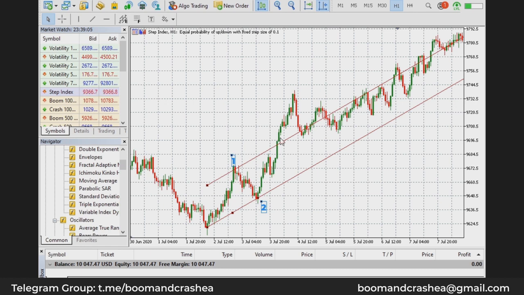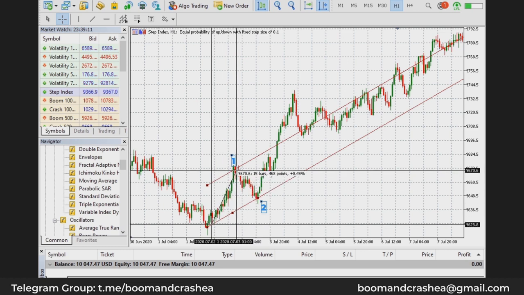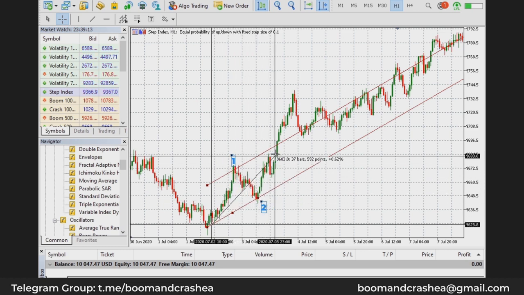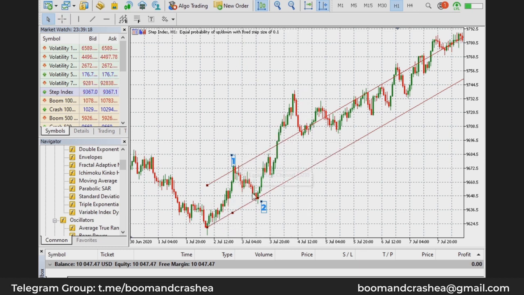Now, if we're dealing with the wave principle or the wave pattern, we have 1, 2, 3, 4. You'd see that the pattern is forming this way, 1, 2, 3, 4, like you have here. This is a wave pattern, because if I draw this here, it will have a parallel which will be here, and price will just be moving within this.